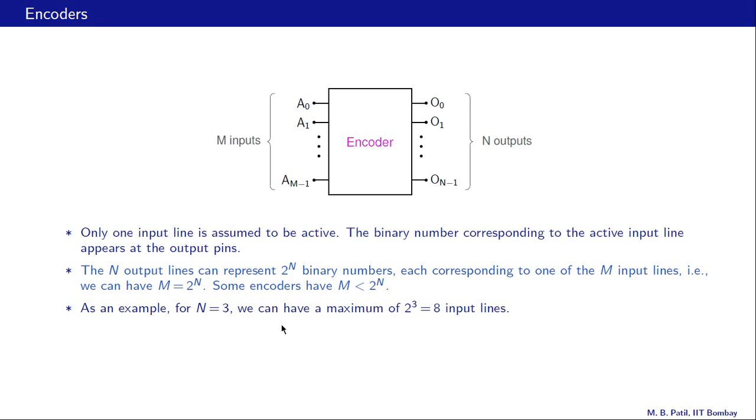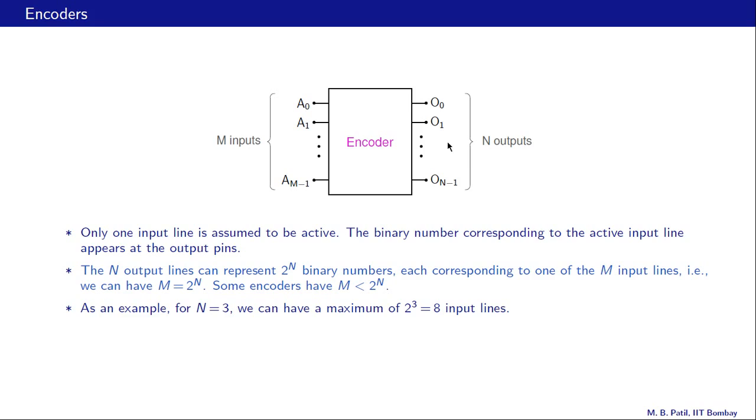Now let us try to figure out the relationship between m and n here, and let us take an example. Say n is equal to 3. That means we have 3 output pins, say O0, O1 and O2. And how many different binary numbers can we make up with these 3 variables?